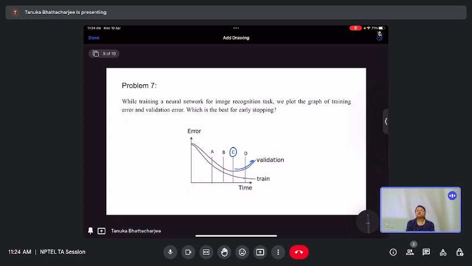Or if you are doing hyperparameter tuning, you use different hyperparameter settings, train your network and test it with your validation set. Depending on the validation set's performance, you choose which hyperparameter setting to use.